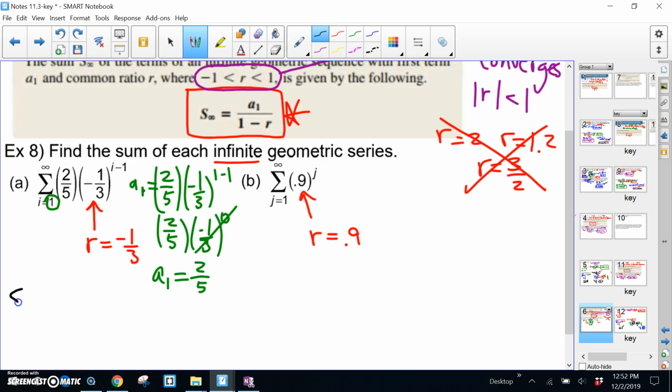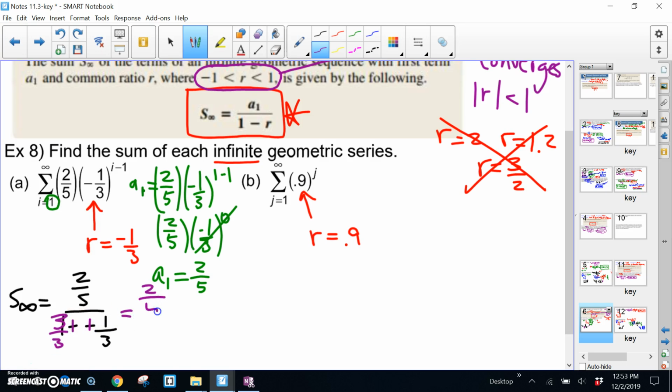So we can find this sum of an infinite number of terms is equal to A1, that's 2/5, over 1 minus -1/3, that's R. Got to do a little bit with fractions, and that's fine. Deal with it. We need to get a common denominator on the bottom so that we can add those fractions.